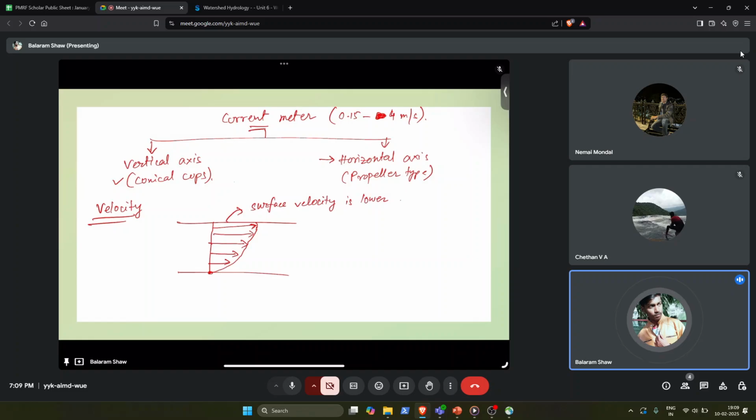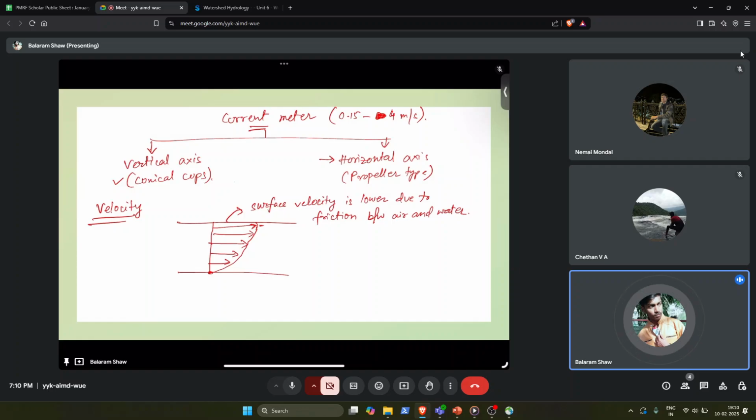Why? Because of the friction between air and water surface. Because of this friction, the velocity at the surface will be less than that of somewhat below the surface. So, somewhat below the surface of the water, the velocity is maximum.